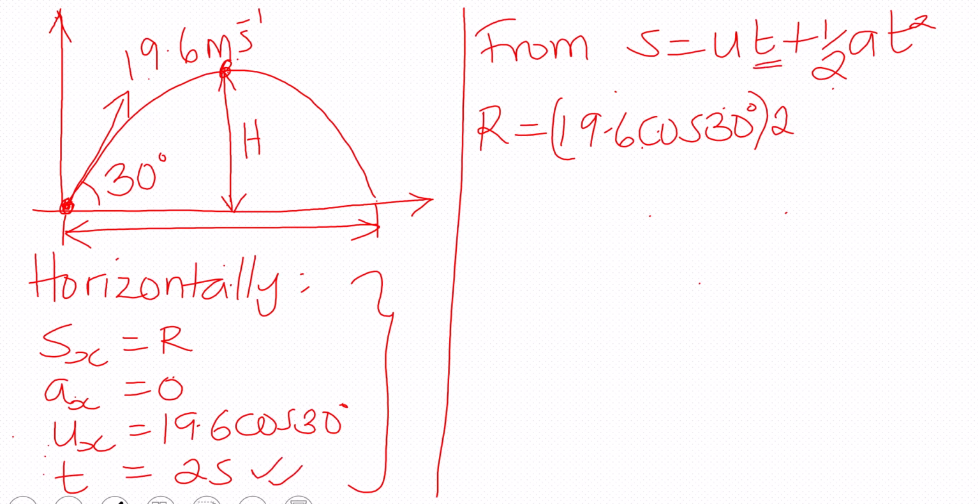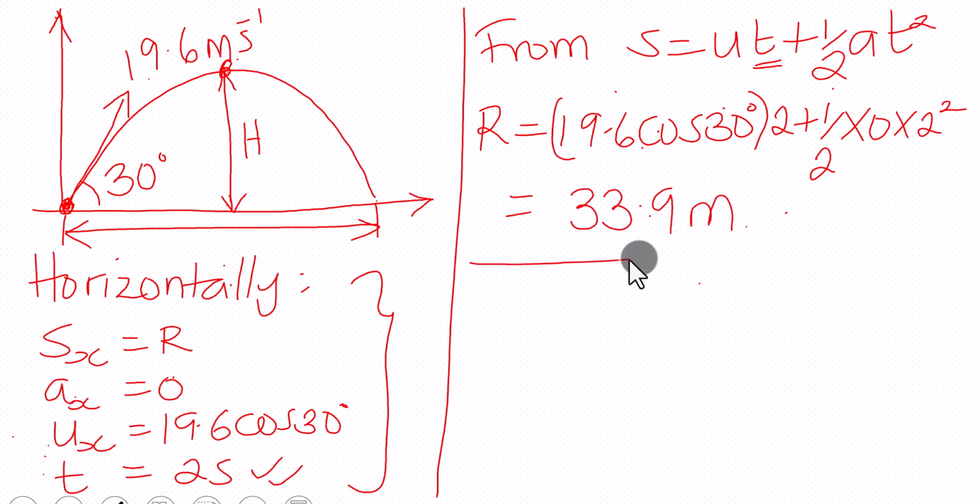Then plus a half times 0 times 2 squared, and this will give us 33.9 meters, and that's our range. So at that point we have finished the first question. Let's go to the next question.